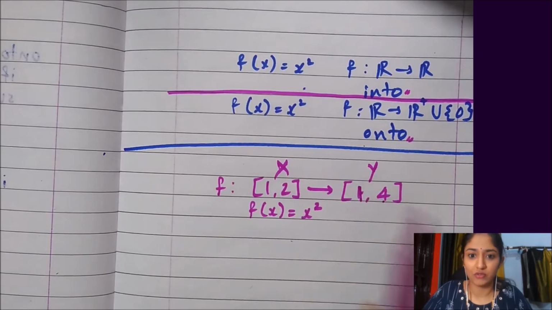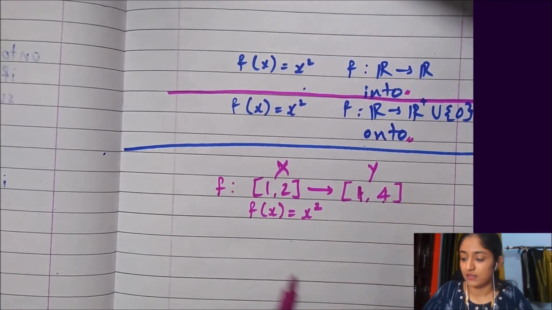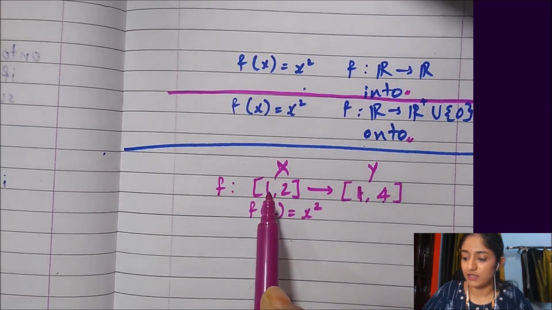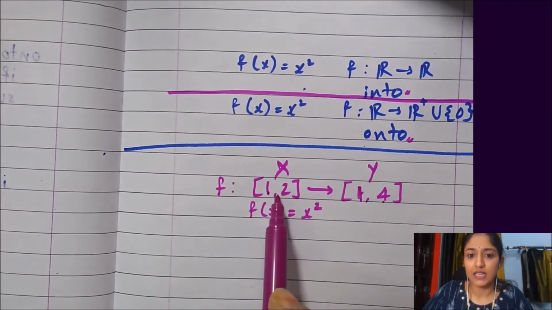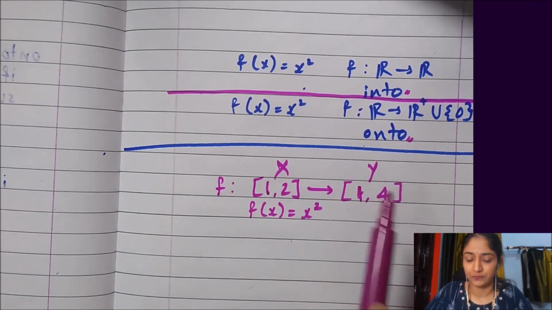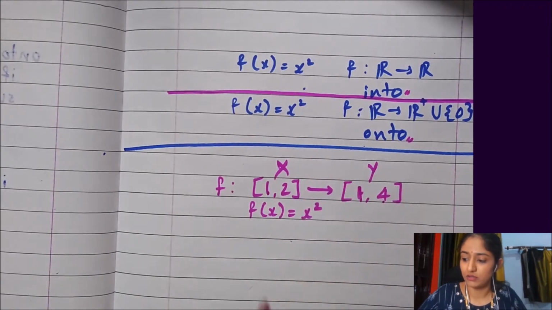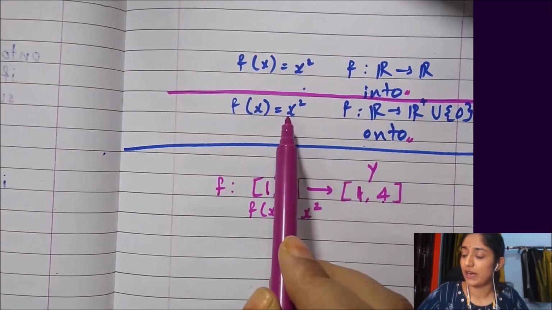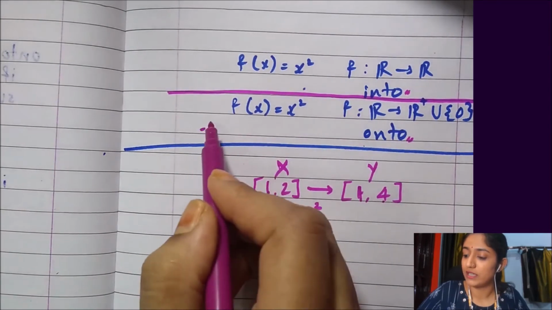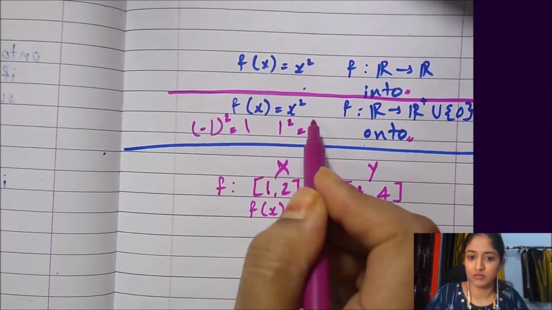So this is an onto function, and you can see that distinct elements in x have distinct images in y. In the first one here, what we had was -1 had the image 1 and 1 also had the image 1.